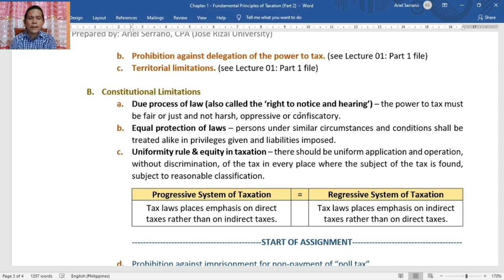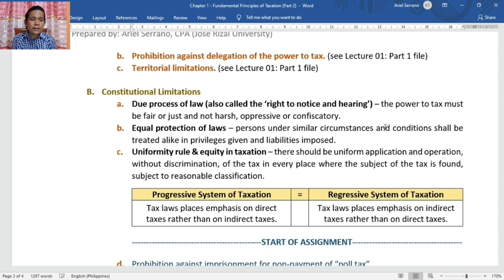It cannot be like that. Now, equal protection of law says that persons or groups of persons under the same circumstances or similar conditions should be treated alike. So they should be treated equally in terms of the privileges given to them and their liabilities in paying taxes. Okay? Take note, persons under similar circumstances and conditions. It does not mean that if this is how I am treated, everyone should be treated the same.